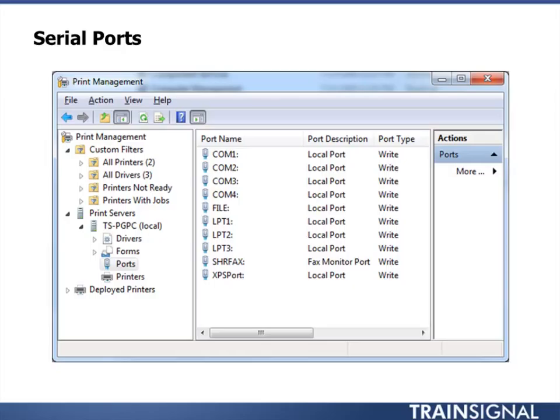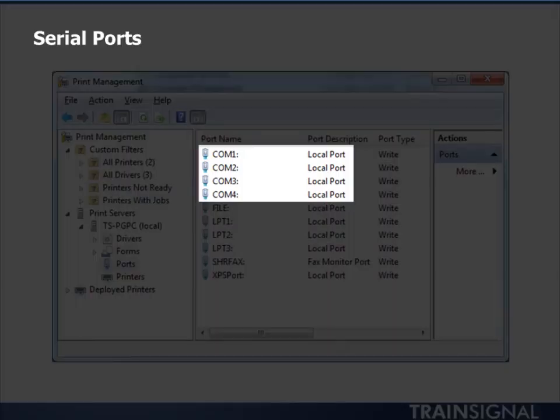Now, when you actually look at the literal ports from an operating system perspective, your serial ports are what's referred to as COM ports. By default, typically there is COM 1, 2, 3, and 4. This may seem weird, because you think, wait a minute, I don't see 4 serial cables in the back.